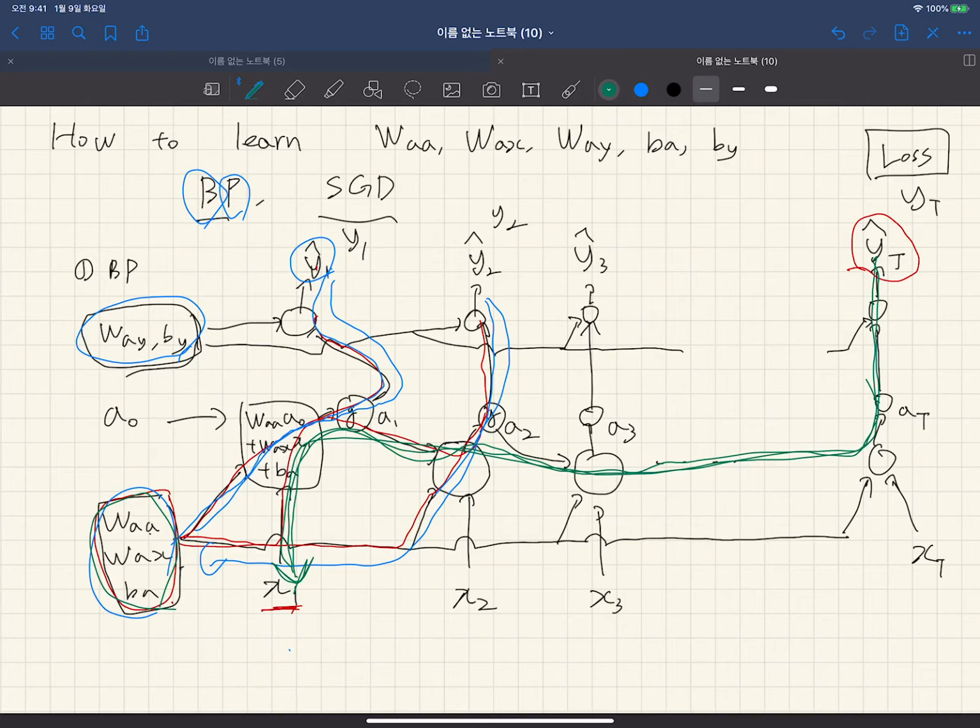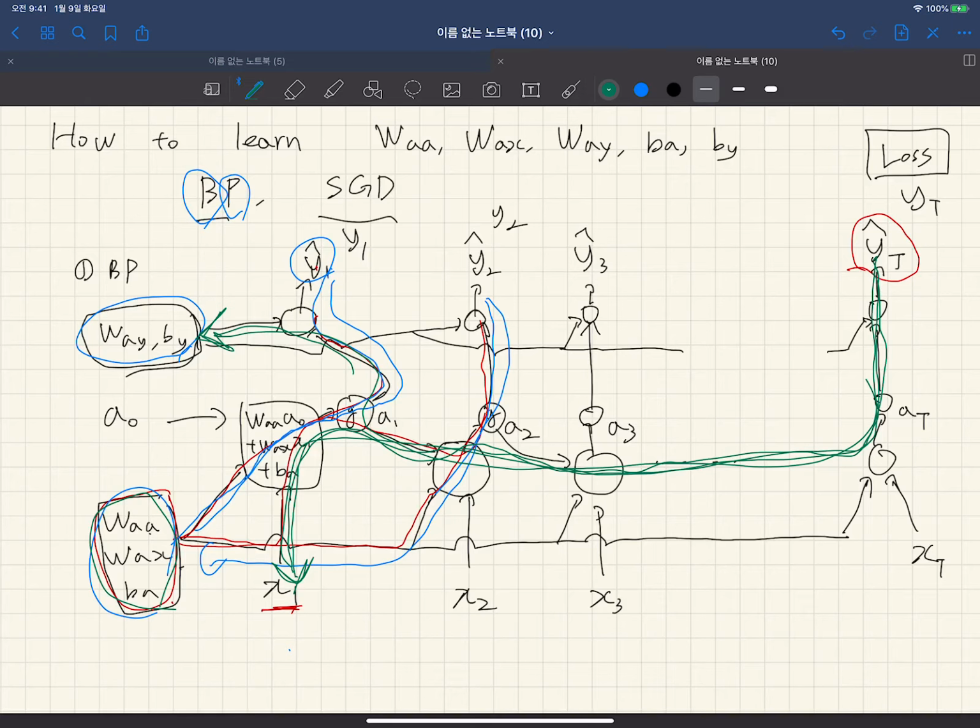Okay, this is very important, right? And also this path will give you the correlation between X1 and Y hat T to the parameters WAY and BY.